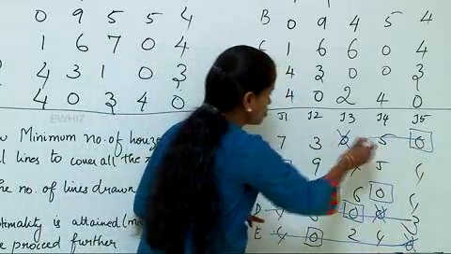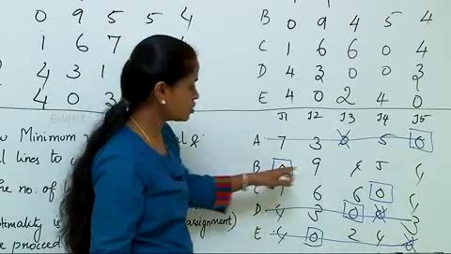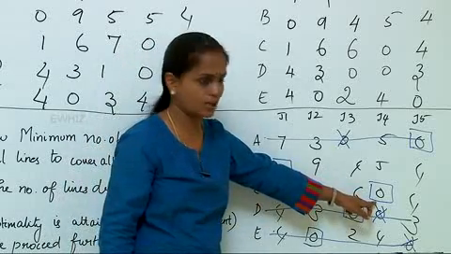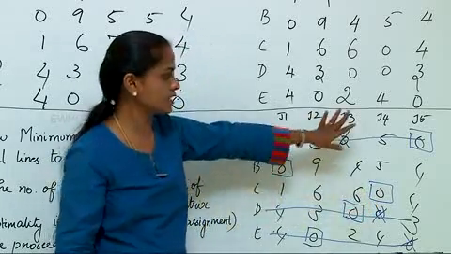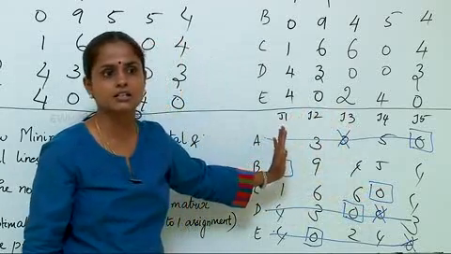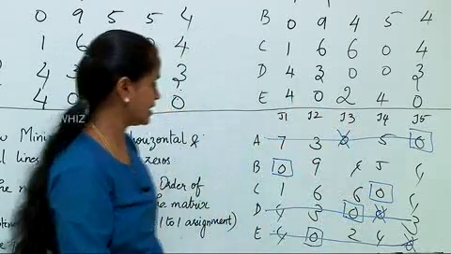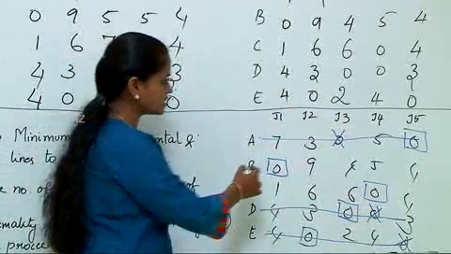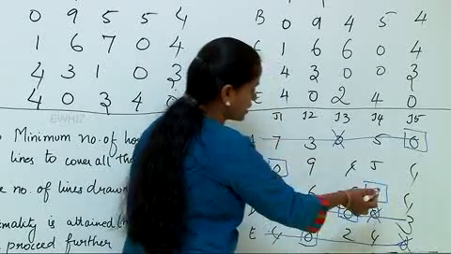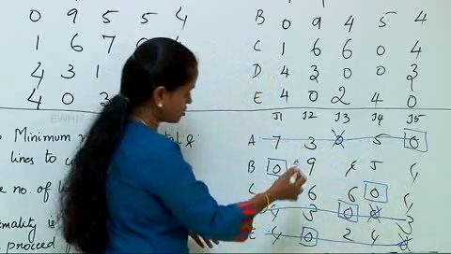So 1, 2, 3. But anyway, 2 more zeros are left without cover. See, all the zeros, whether encircled or not encircled, are to be covered by minimum number of horizontal and vertical lines. So the remaining 2 zeros, you can cross off either vertically or horizontally, choice is yours.